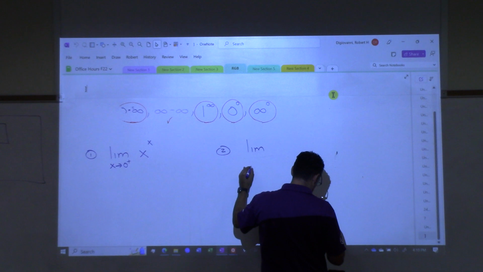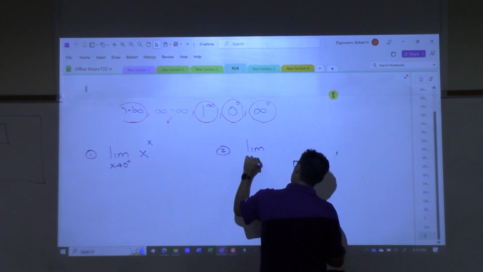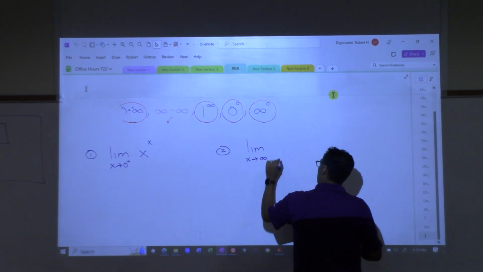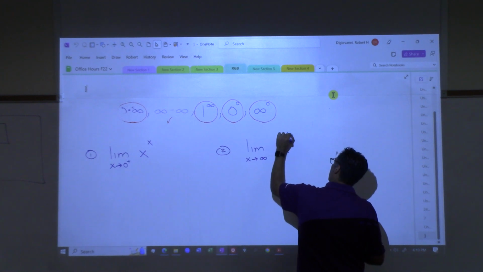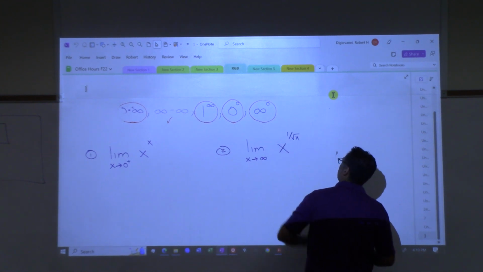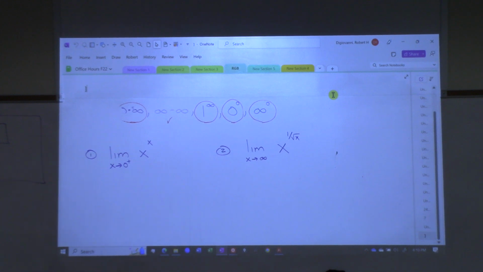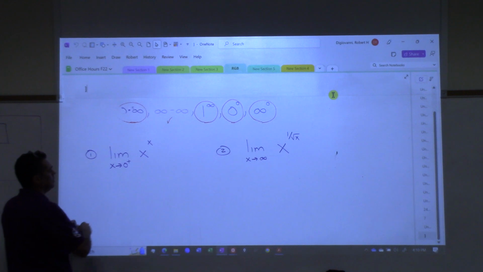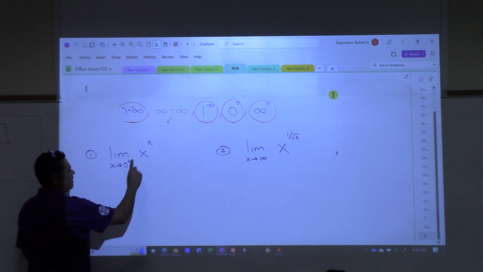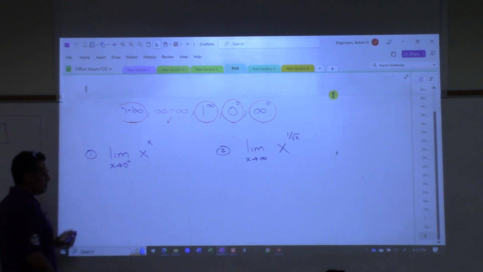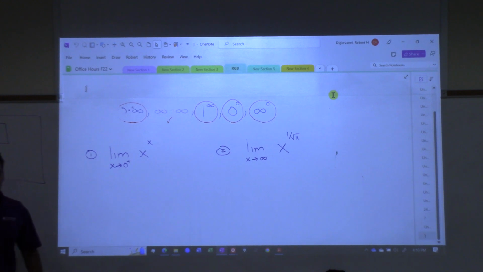Limit x goes to infinity of x to the 1 over root x. So be careful because one of those is approaching 0 from the right, and that one is approaching infinity. So they're slightly different. All right, good luck. Have at it. Enjoy.